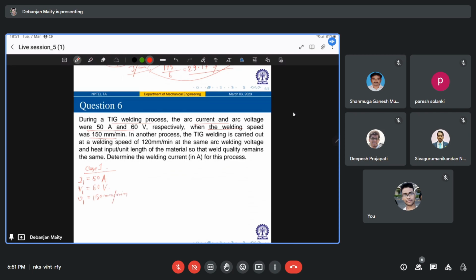In case two, V2 is the same arc welding voltage, so V2 is 60 volt. Your welding speed is provided as 120 per minute. It says that the heat input per unit length of the material remains same, so that the weld quality also remains same, and you need to find out the welding current for this case.